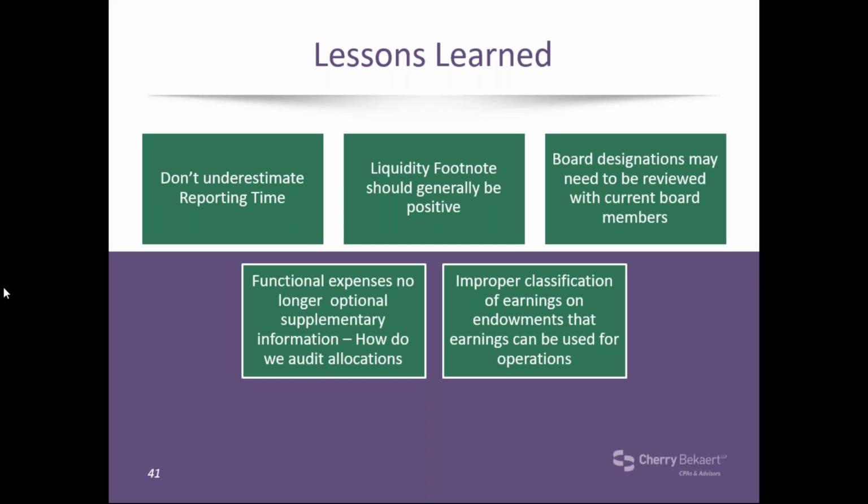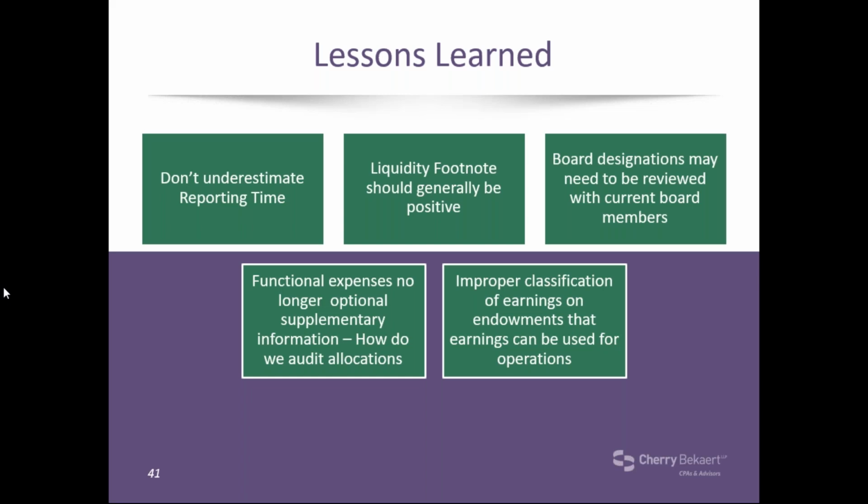The other area we've been seeing some things is in the functional expense category. Look at what your policies are, what things are being allocated, and how you've allocated. This may be a good opportunity to look at some of your allocation methodologies to see if they still make sense and still present the current trends in your organization.